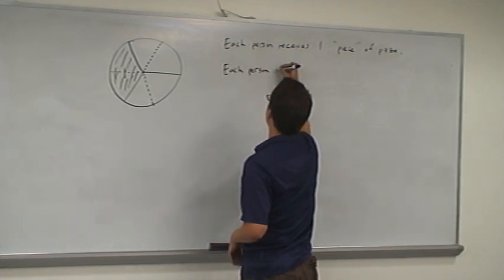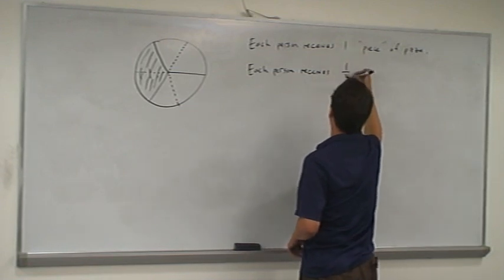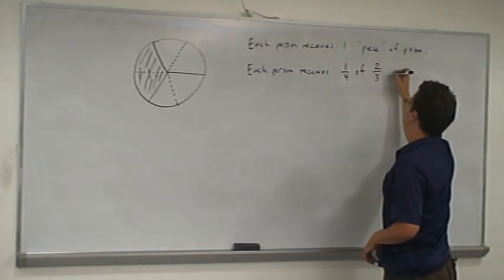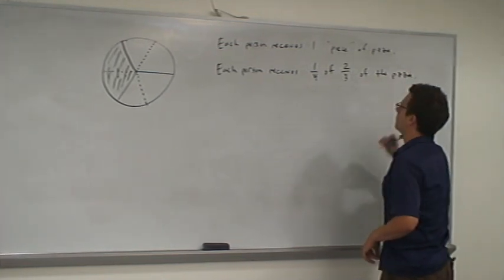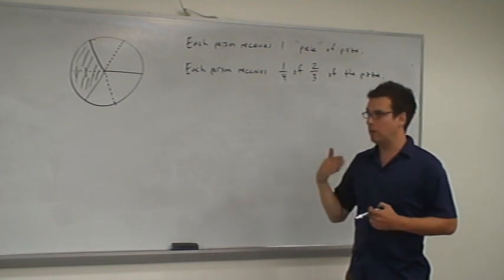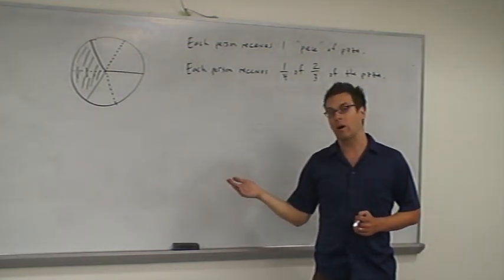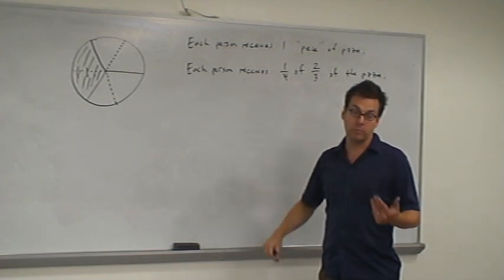So mathematically, each person receives 1/4 of 2/3 of the pizza. But now we just have to recall the way we interpreted multiplication of fractions. The word "of" was used to represent multiplication.